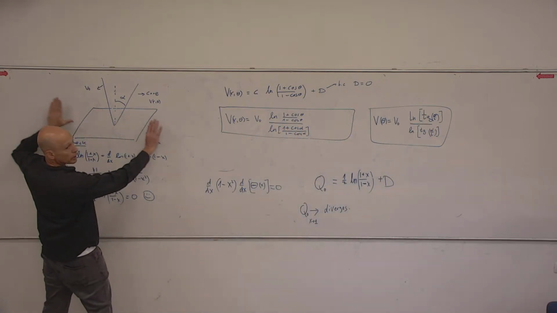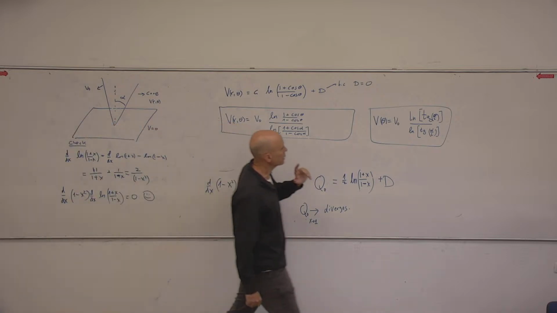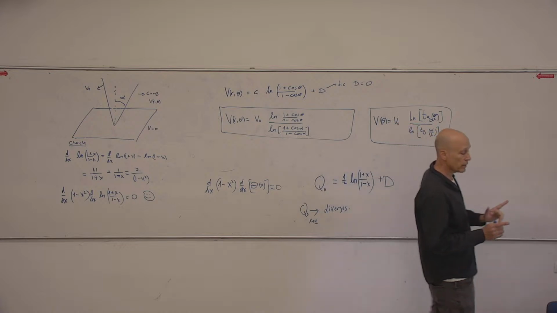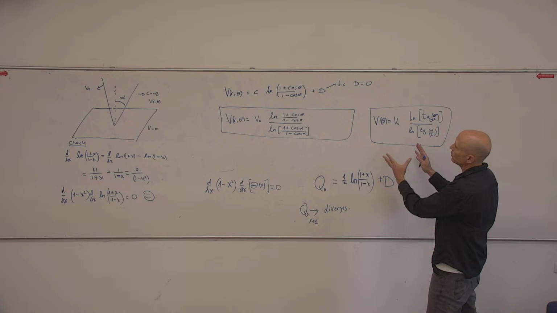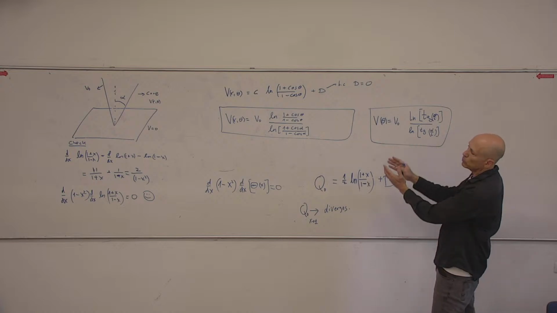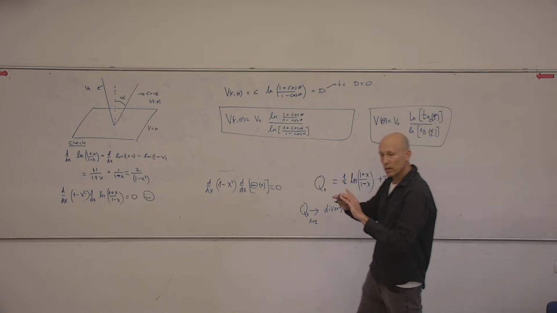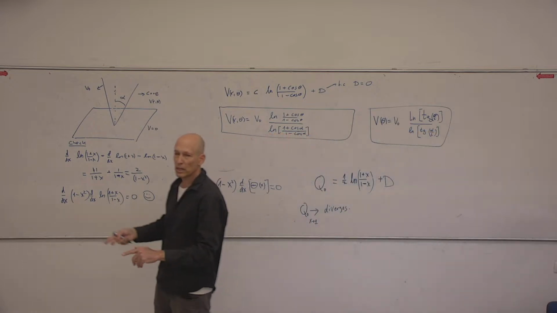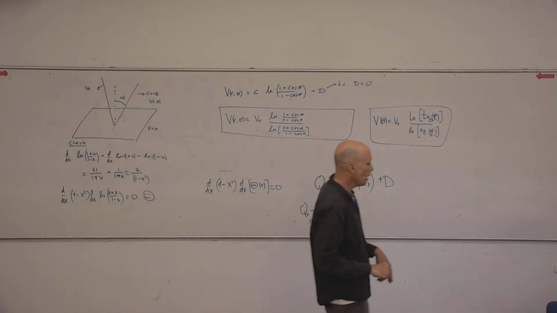This is the potential in the plate here. So we can easily check the final solution. Does it satisfy the two boundary conditions? It does. Okay, if you had time, you could take this equation, plug it into the Laplace equation, and check that it is a solution. And if it satisfies boundary conditions and it is a solution, it is a solution. That's it. There's no argument about that.